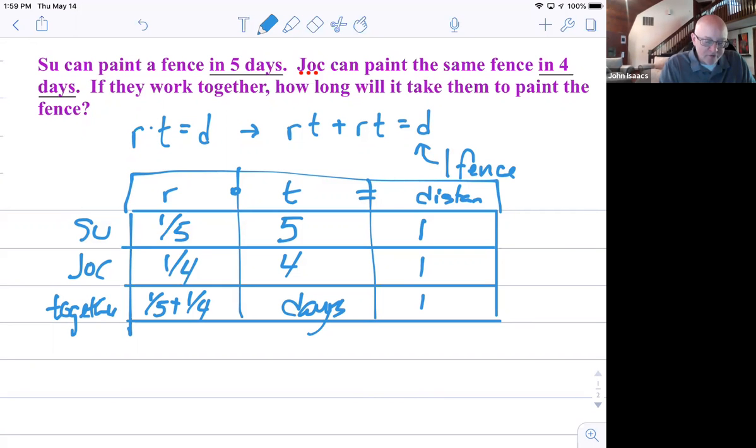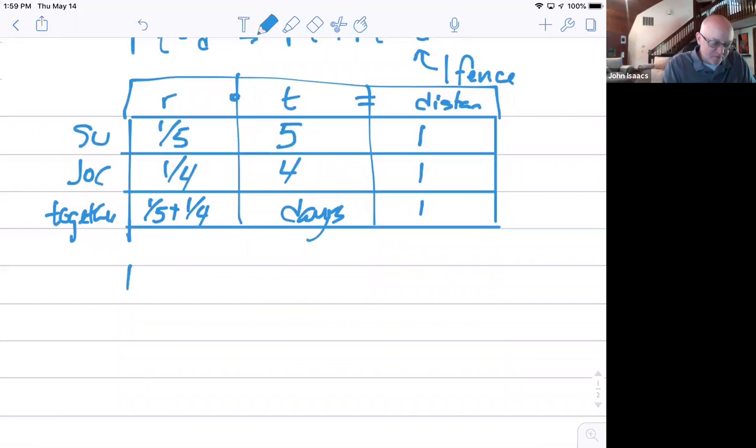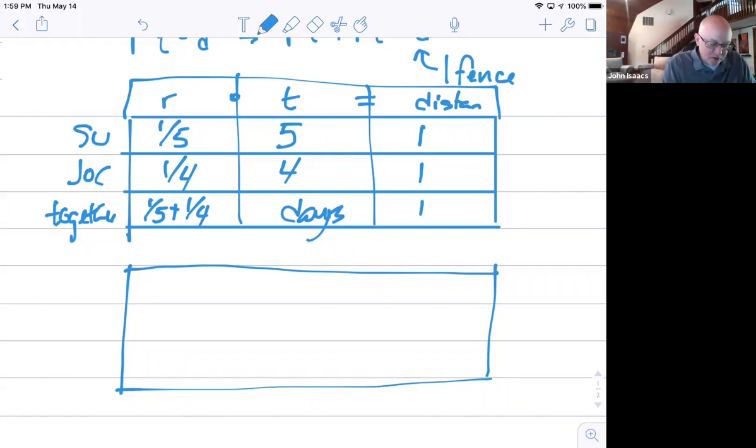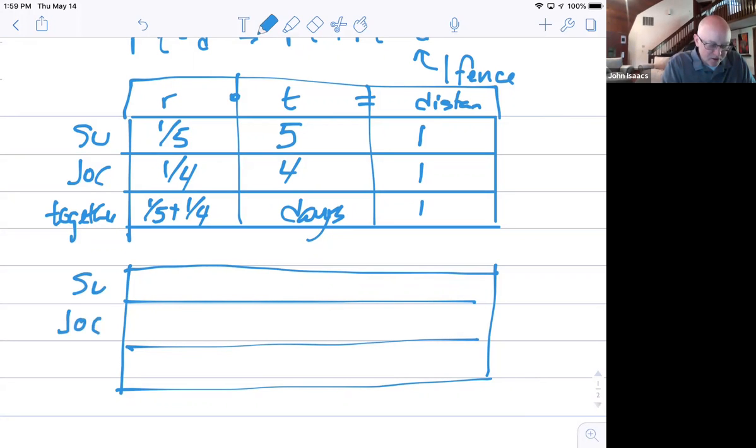Or you could think of the chart this way. Let me do another chart. We could have Sue, Jock, and together. We don't know how long they're going to work, but we know that their rates are 1/5 and 1/4.